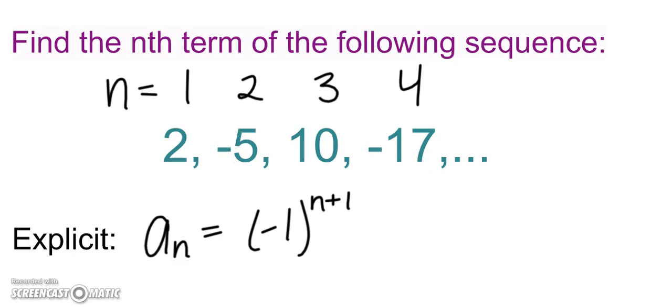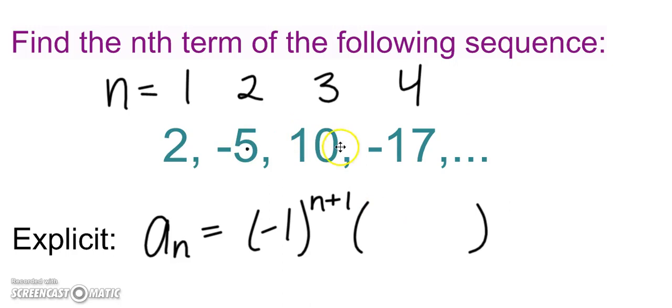Now let's think about our relationship between 1 to 2, 2 to 5, 3 to 10, 4 to 17. There's no good pattern as far as adding, subtracting, or even multiplying. We know we've taken care of the negatives already. I'm going to say that 2 squared is close to 5, but that's 4. 3 squared is close to 10, but that's 9. 4 squared is close to 17, but that's 16.